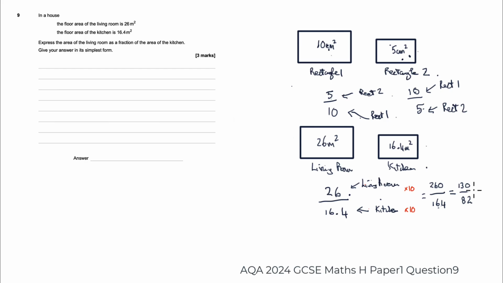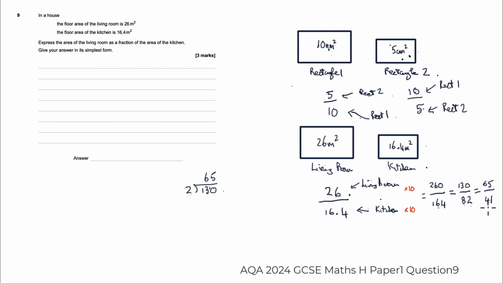Both even still, so let's keep going. A half of 130, now there's no calculators in this paper, so 2 into 13, 2 6s are 12, 2 into 10 goes 5, so we get 65 over, and then a half of 82, a half of 80 would be 40, a half of the 2 is 1.